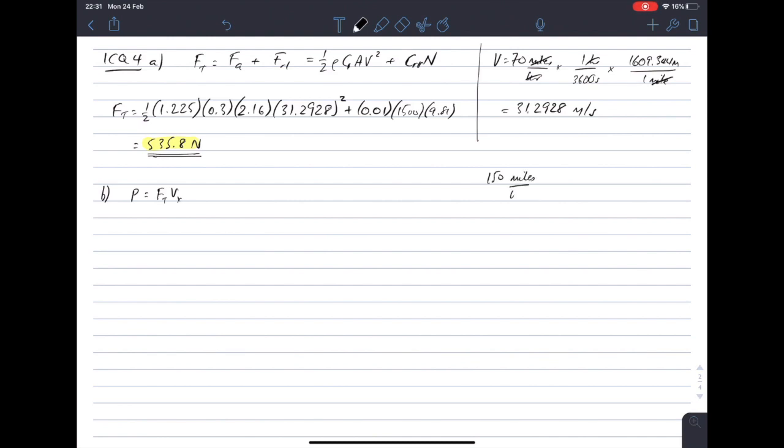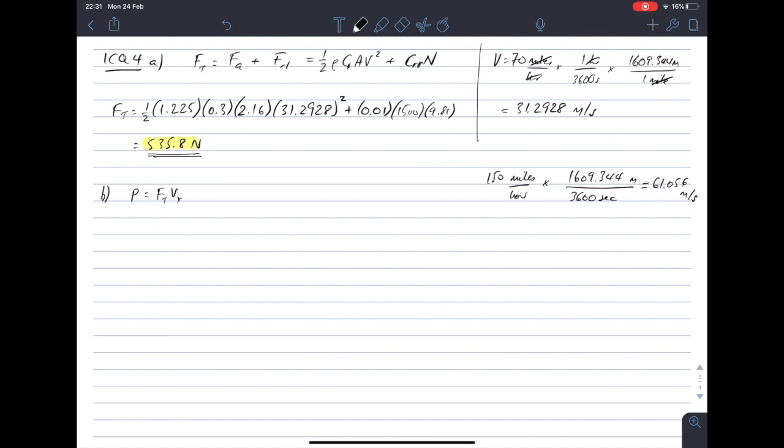We multiply by 1609.344 meters in a mile, and we've got 3,600 seconds in 1 hour. If you do that sum, that comes out to be 61.056 meters per second.